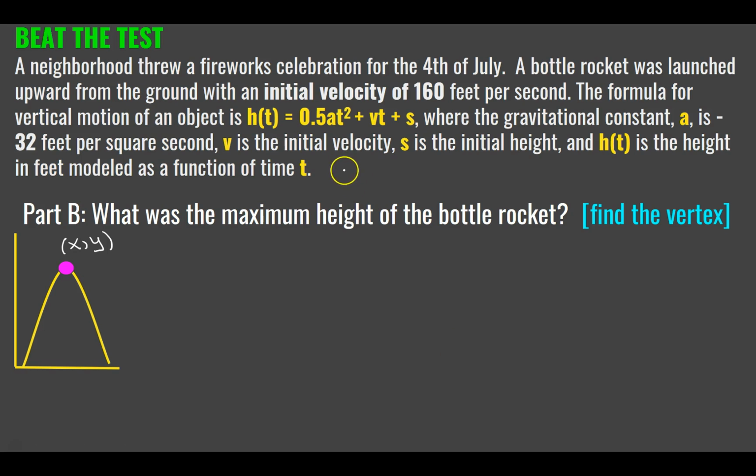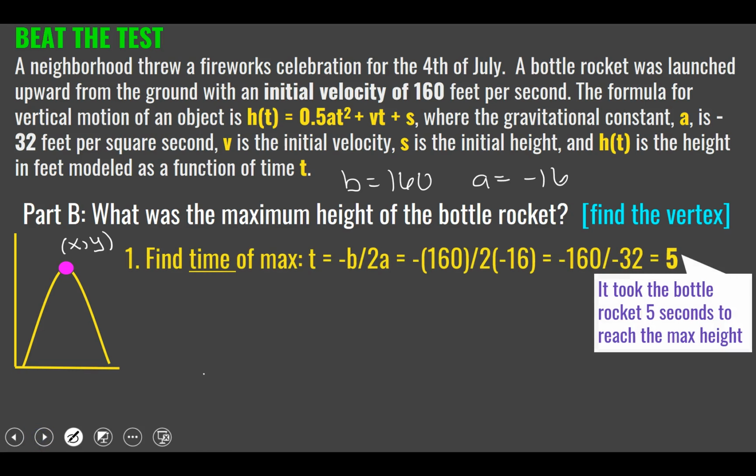What is my b value? From part A, what was my b value? What piece just had a t next to it? 160, okay? So opposite 160 over 2 times a. What was my a? The very first number. Negative 16, right?